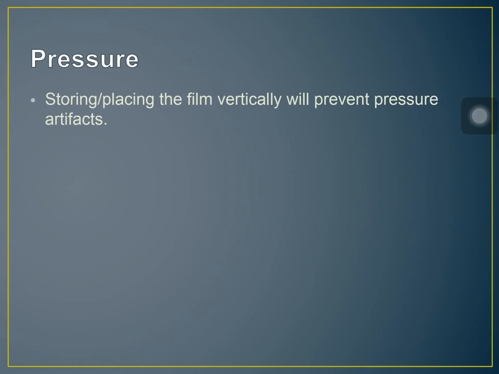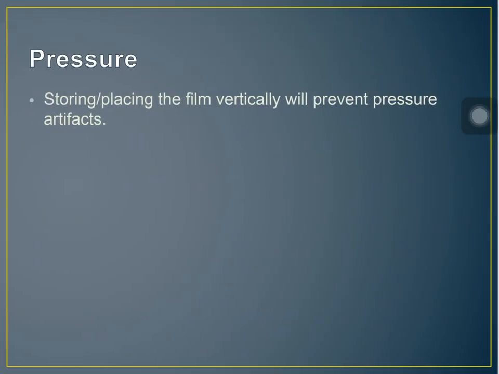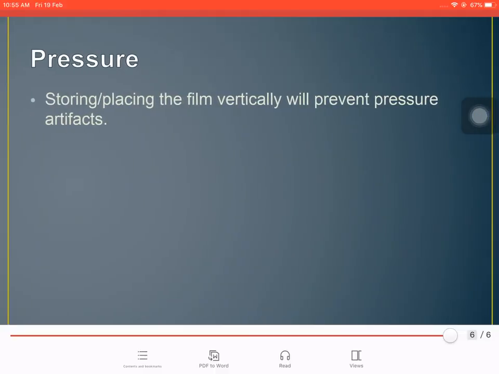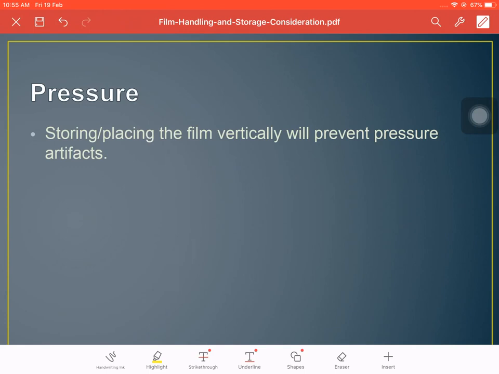Yung pressure artifacts na tinatawag natin, static yun. May static artifacts din doon. Okay. So, pag tinanong kayo, how should the film be properly stored? It should be stored vertically to prevent pressure artifacts.